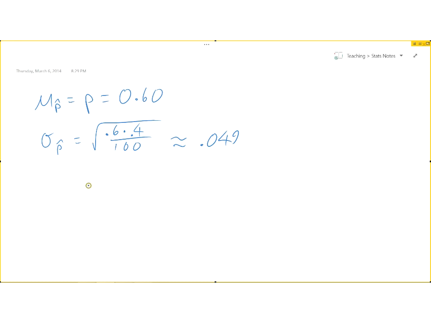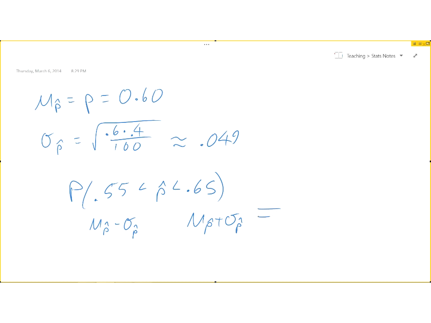Well, that would mean, what's the probability that the p hat is between 0.55 and 0.65. Well, this is the mean minus the standard error, or standard deviation. And this is the mean plus the standard error.